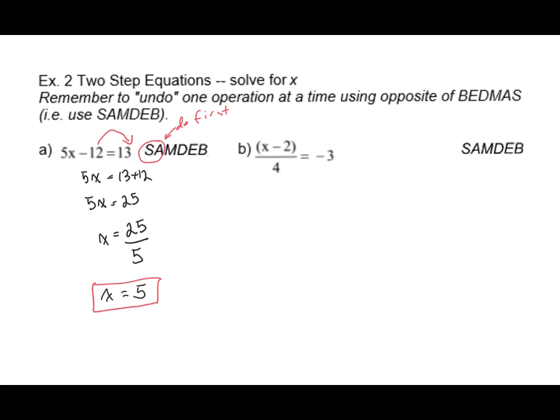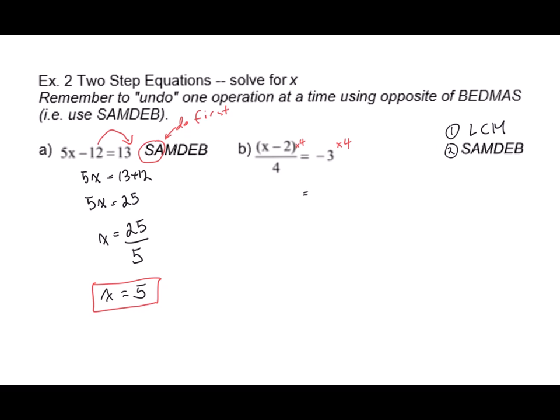Now, for the next question, we have to consider the lowest common multiple that we have. Every time you see fractions, I want you to do that. Use the lowest common multiple, then use the SAMDEB. For this one, the lowest common multiple is 4, so we're going to multiply everything by 4.